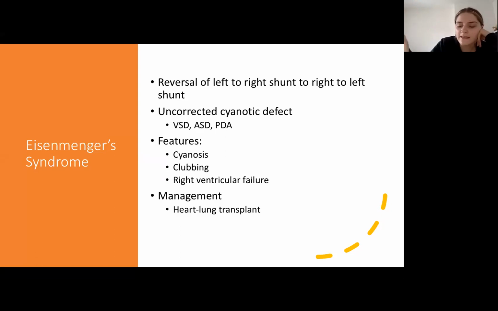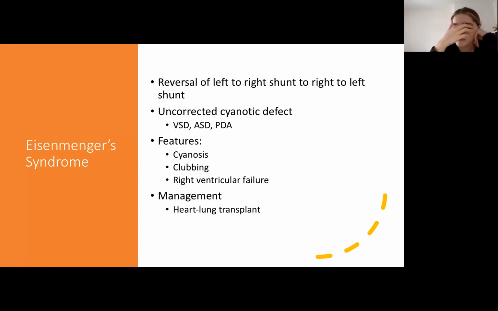The issue arises because that extra blood going through means that the pressure in the right side of the heart gets higher, because you're increasing the blood flow through the right side of the heart. The right side of the heart gets hypertrophied, and you get pulmonary hypertension because there's too much blood going through the pulmonary arteries and the capillaries of the lungs.